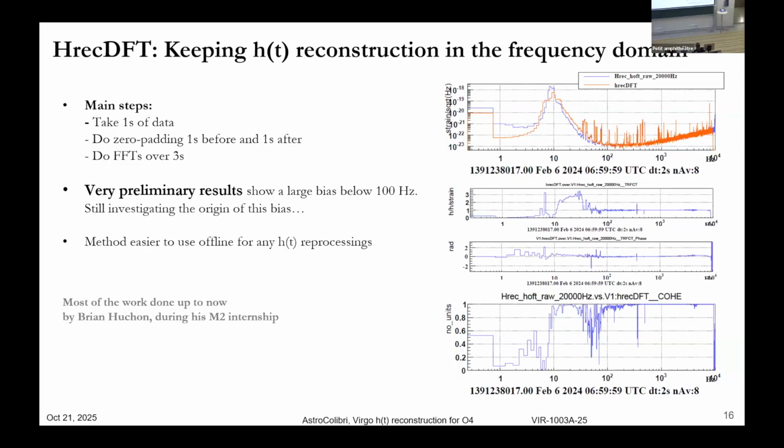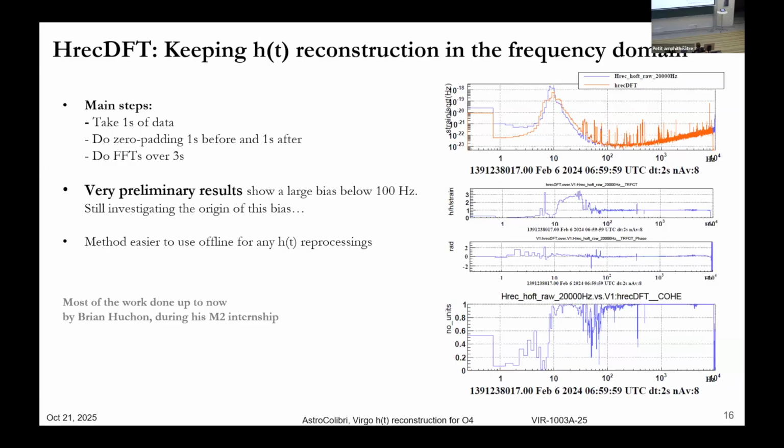Below you see the transfer function between the two, and you see that at low frequency, between 10 Hz and 40 Hz, we have a discrepancy between the two, and we are still trying to understand why there is this discrepancy. Of course, we would like to keep this reconstruction in the frequency domain, because it's much easier to use for offline reprocessing.